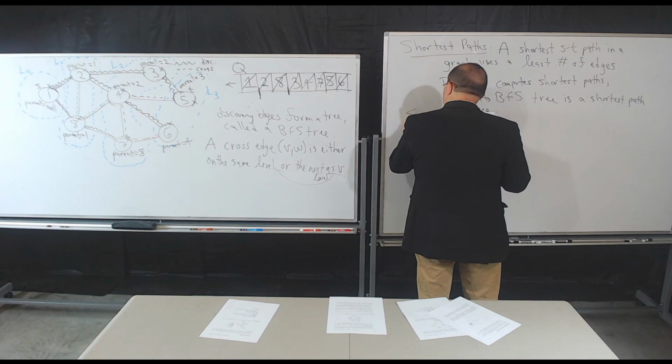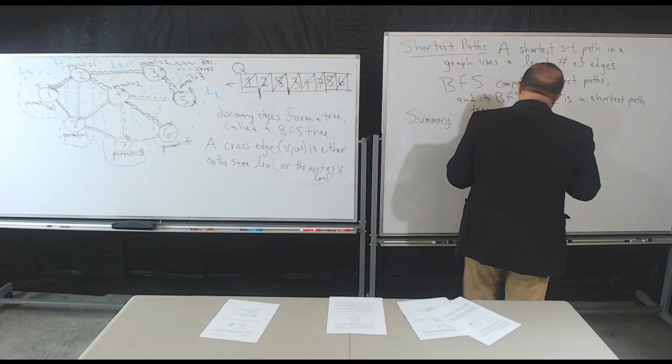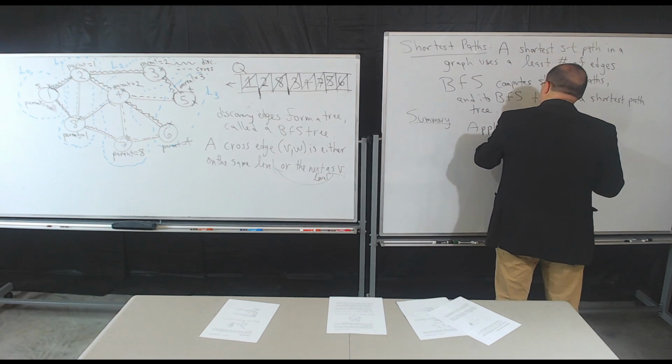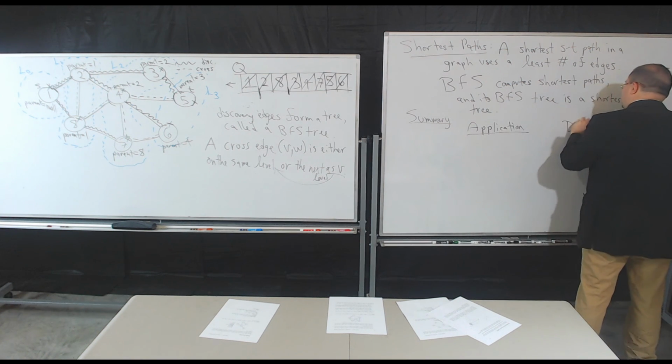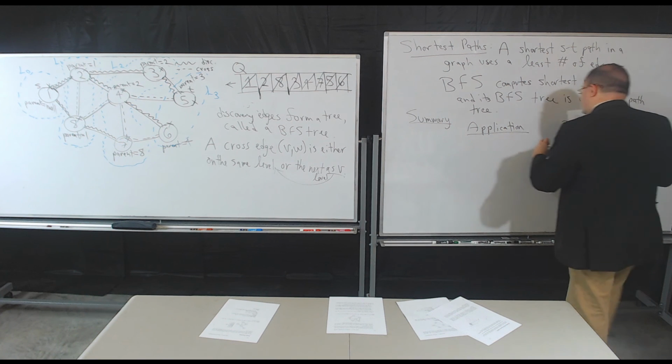So just in summary, I'm just going to give you a little table. So I'm going to give you an application and whether you can use DFS or BFS to do it. So we've talked about all of these.